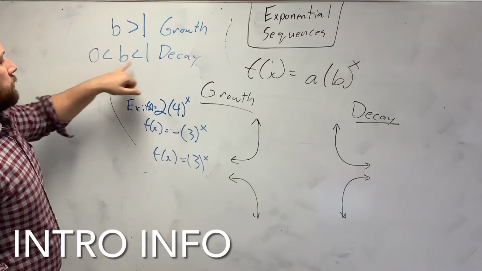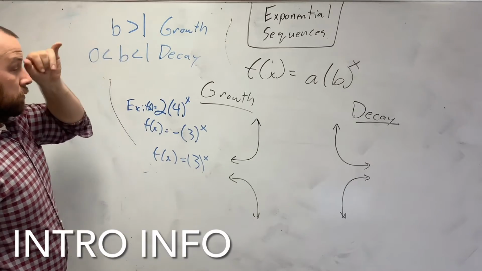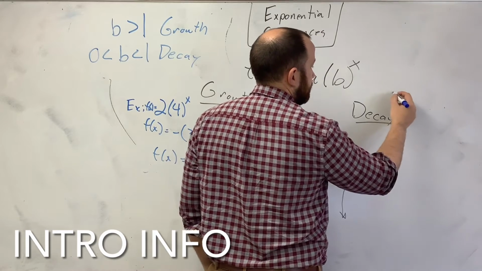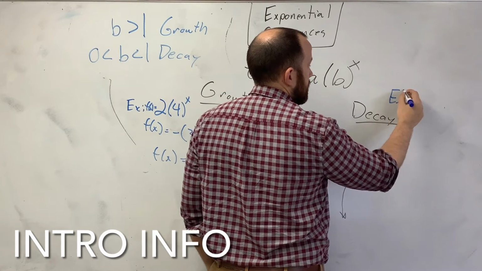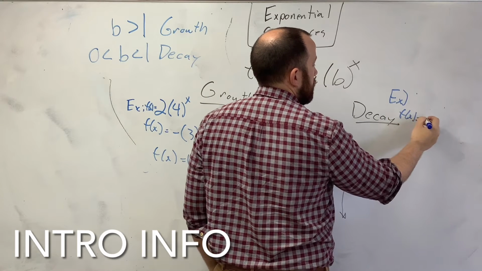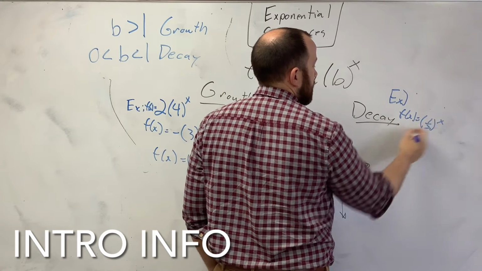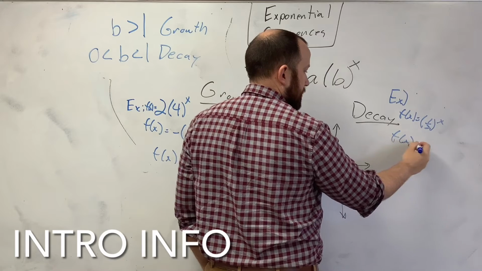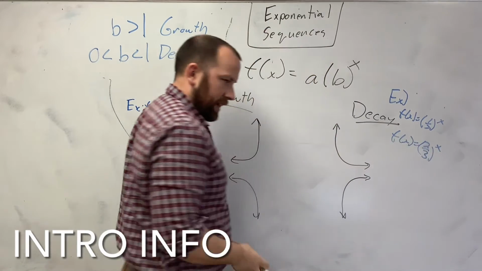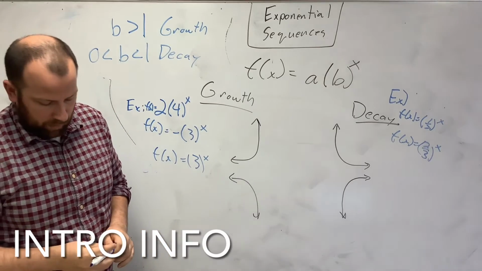So if your b is between 0 and 1, it's a decay. If b is greater than 1, it's a growth. So how I would write my decay would be f of x equals 1/2 raised to the x, or f of x equals 2/3 raised to the x, something like that. Just a fraction that's in between 0 and 1.